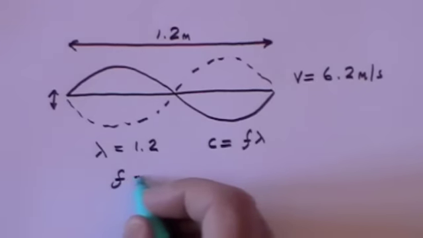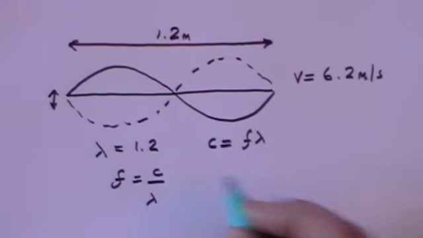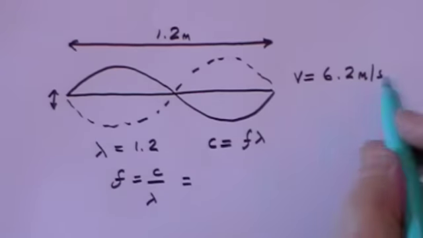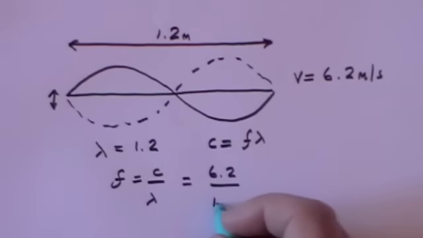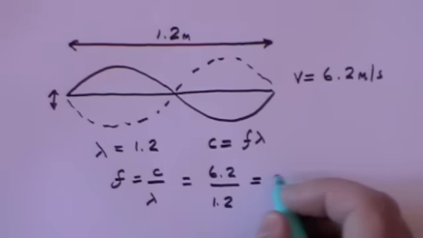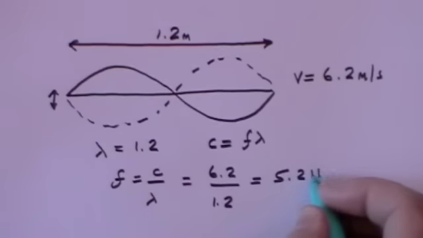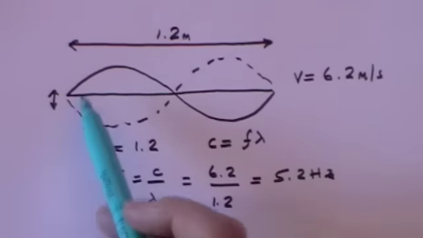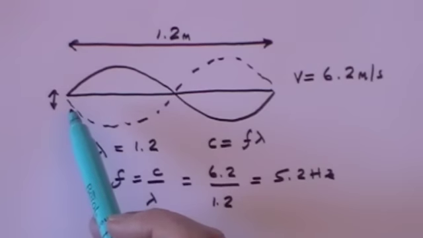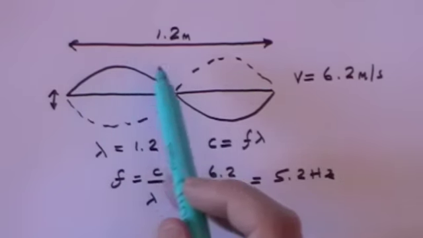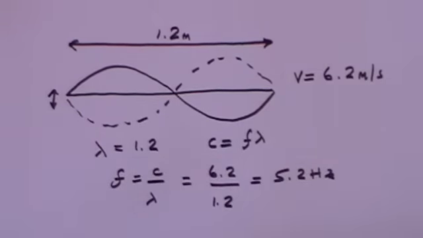That means that its frequency is its velocity divided by its wavelength, which is 6.2 divided by 1.2. And that comes to 5.2 hertz. So the person who is wiggling the rope up and down is wiggling it up and down 5.2 times per second in order to create that wave.